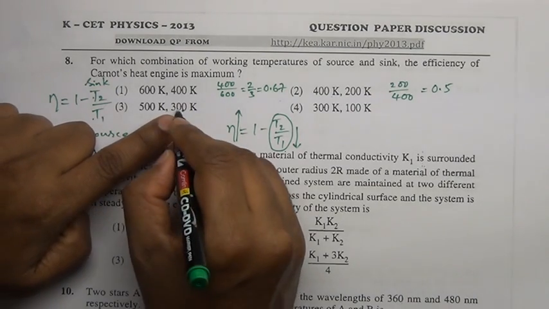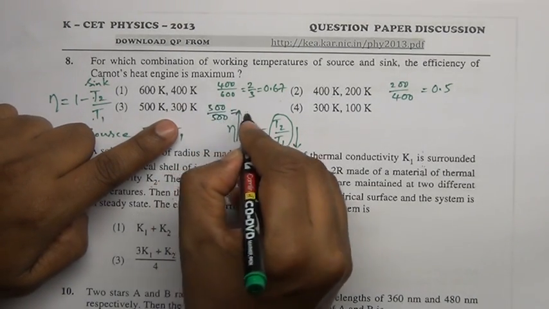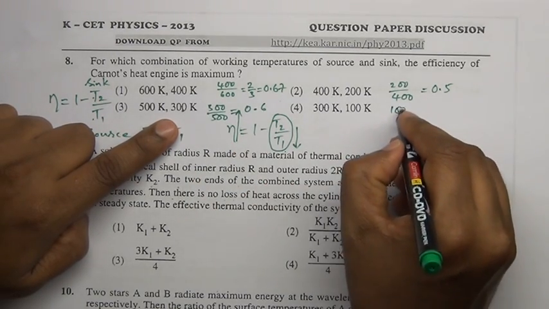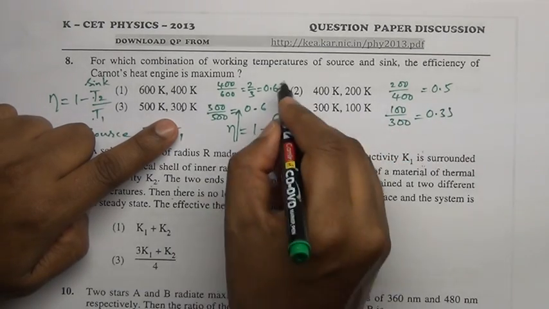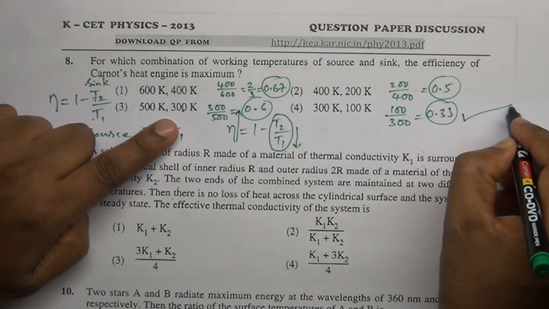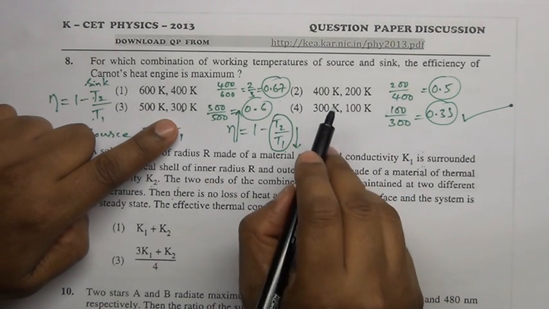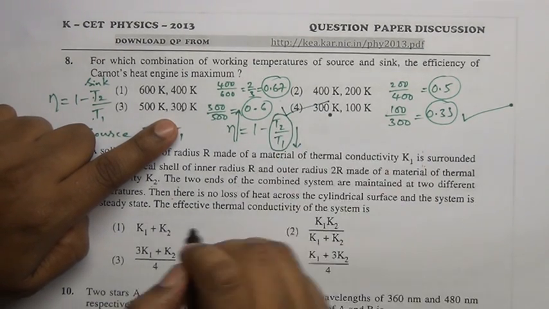In this case, 300 by 500, which equals 0.6. In this case, 100 by 300, which is 0.33. Among these, the smallest is the fourth option. Therefore, for this case efficiency is maximum. Therefore, the fourth option.